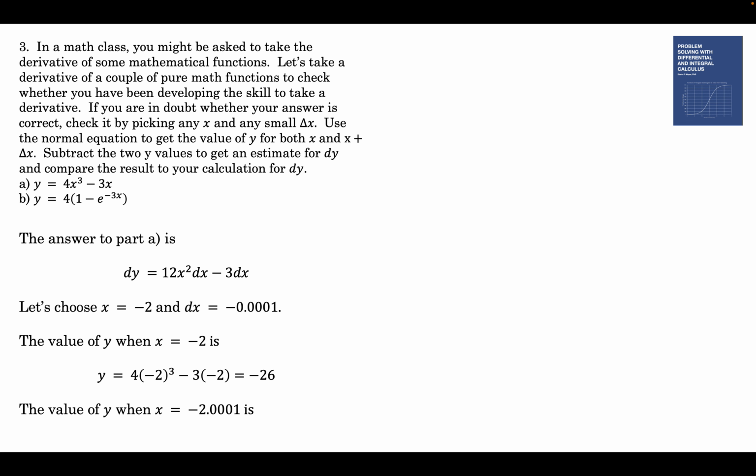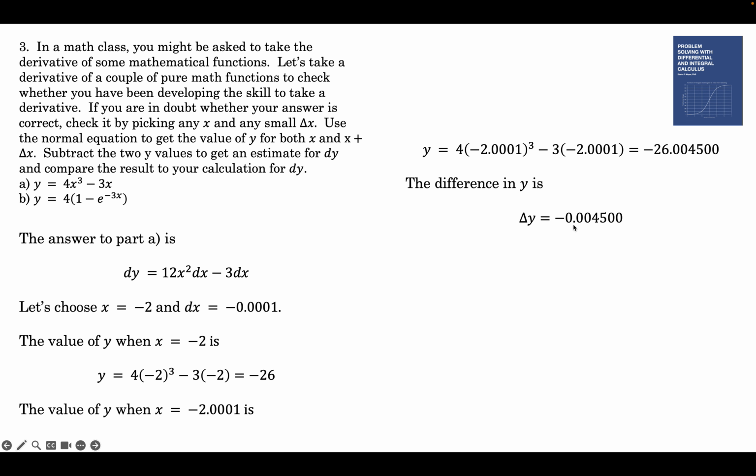Now we plug in 2.0001. We stick that into the normal equation and we get 26.0045. So the value of y shifted by 0.0045. That's how much it actually shifted.